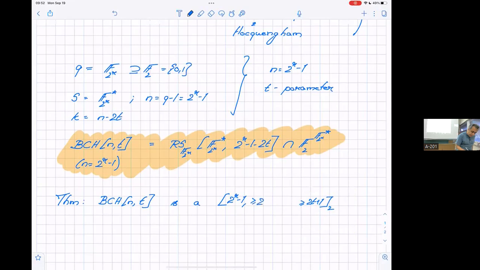It shows at least 2^r minus 1 minus t times r. And furthermore, it will be a cyclic code. Cyclic is just because the Reed-Solomon code was cyclic over this set of evaluation points, so this will continue to inherit the cyclic property.